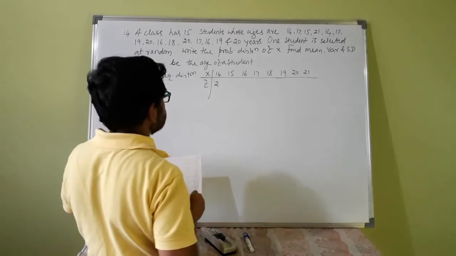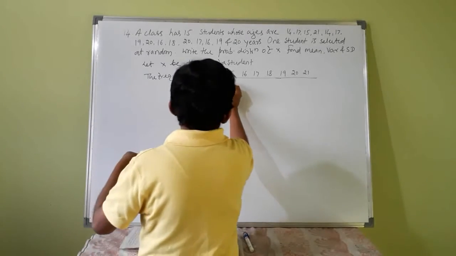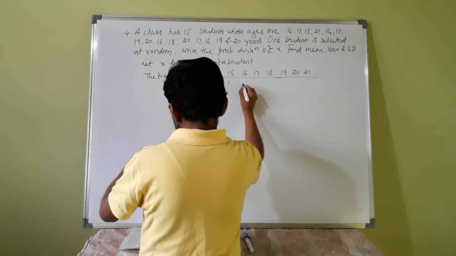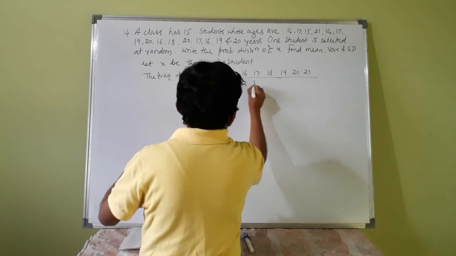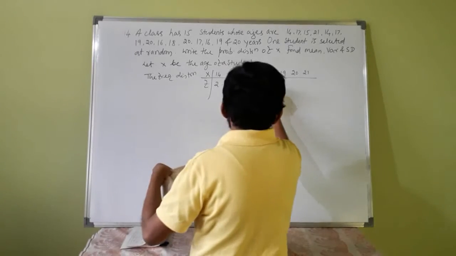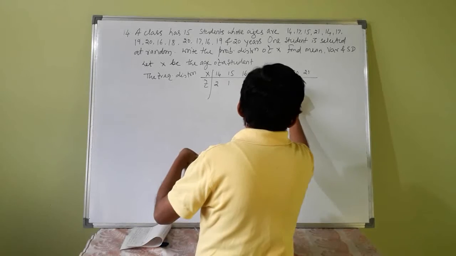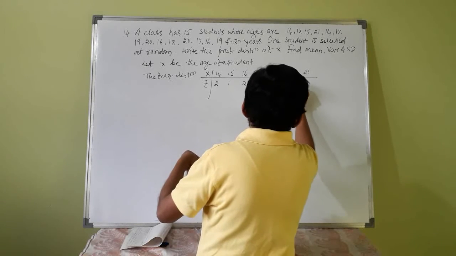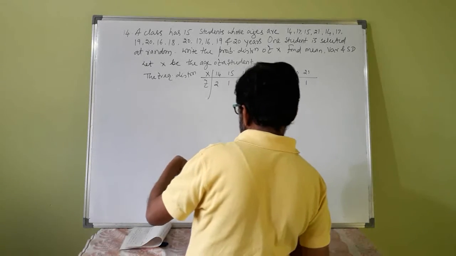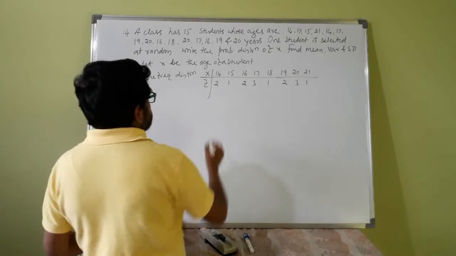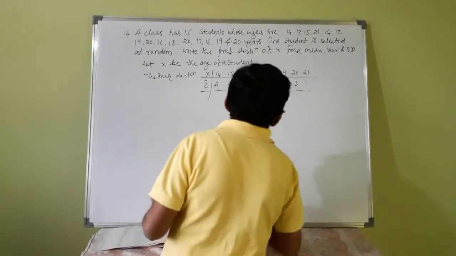Two students whose age is 14, 15 only 1, 16 2, 17 3, 18 1, 19 2, 20 2 and 21 is 1. Okay. These are the frequency distribution.